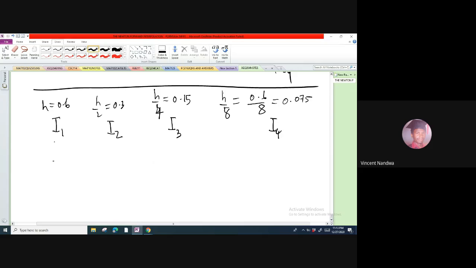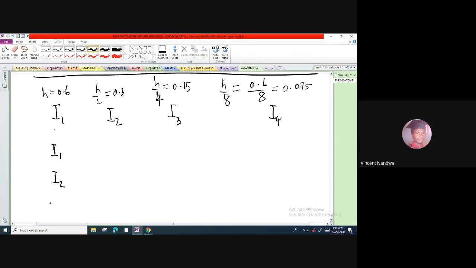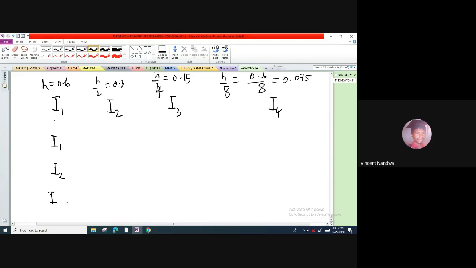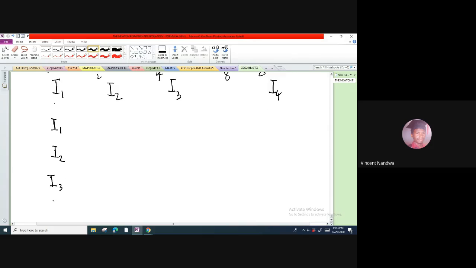So therefore, just form your table. Remember, I1, I2, I3, I4 are found by the trapezoidal rule. So write your scheme as I1, I2, I3, and then I4.